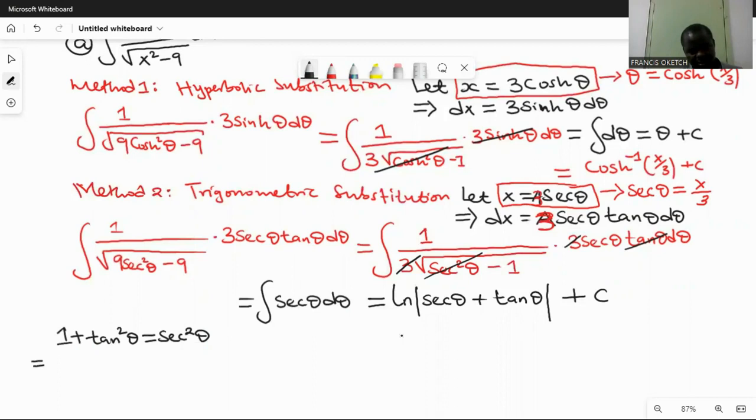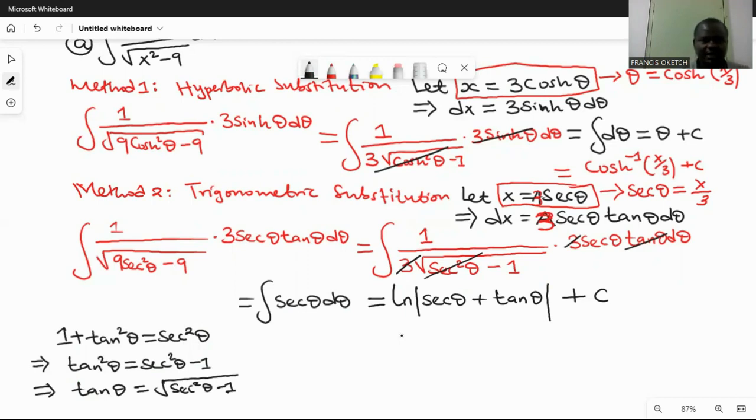Tan squared theta is equal to sec squared theta minus 1. And when I take the square root on both sides, I get tan theta being equal to the square root of sec squared theta minus 1. That is tan theta.